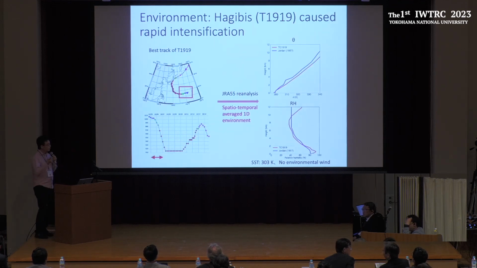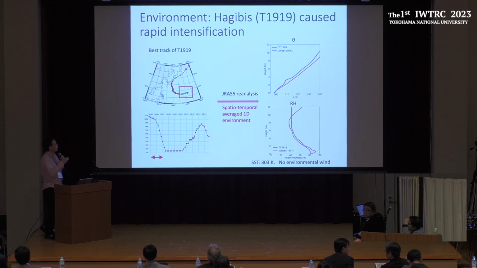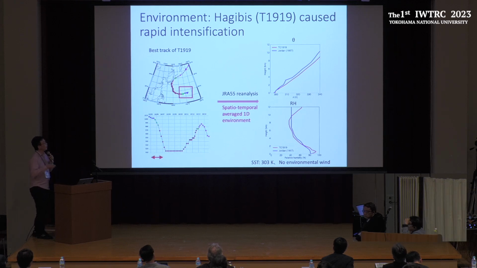And so I use the environment for the tropical cyclone which experienced rapid intensification in reality. I use the analysis data for Hagibis, tropical cyclone 1919.